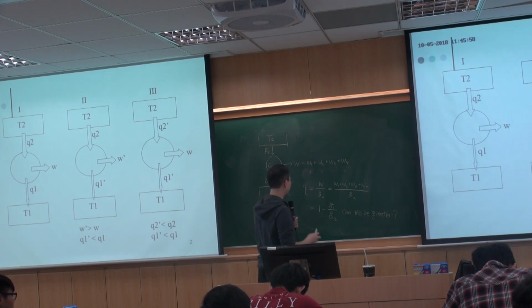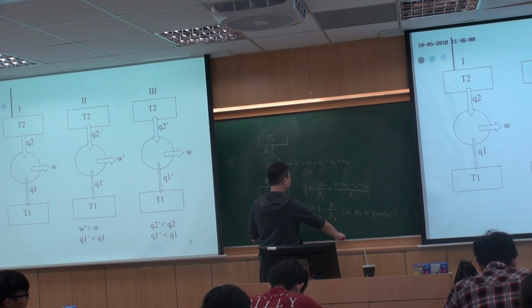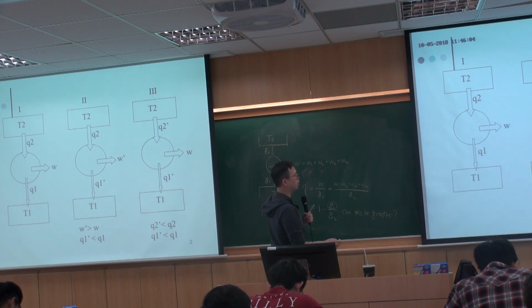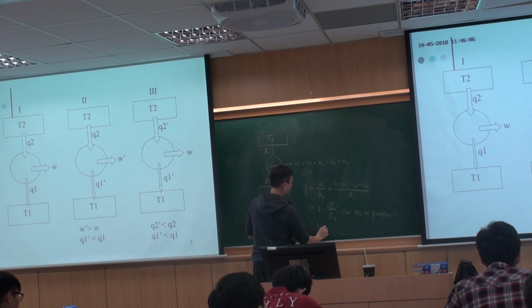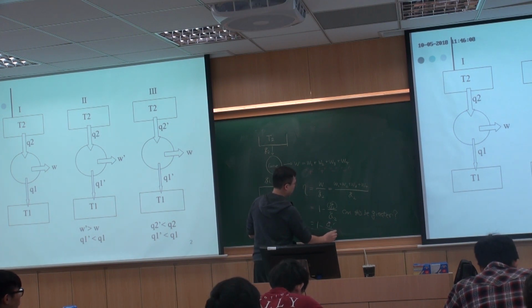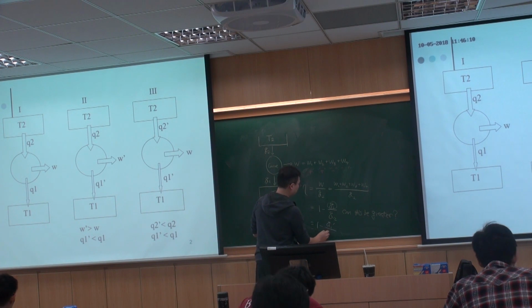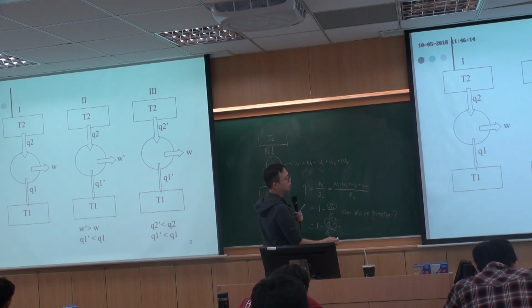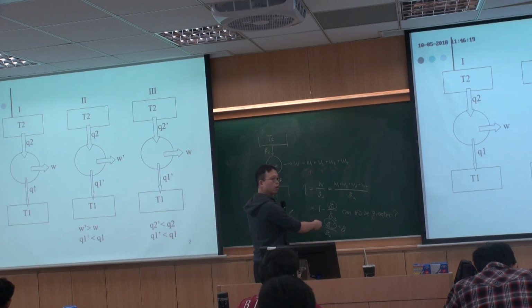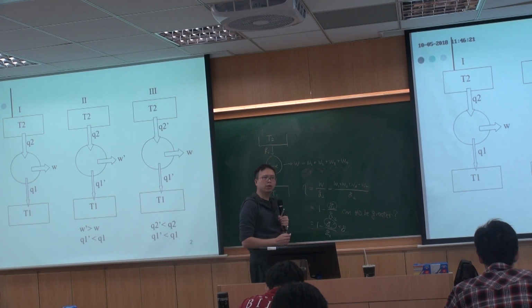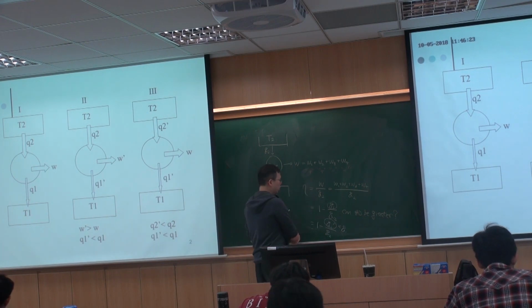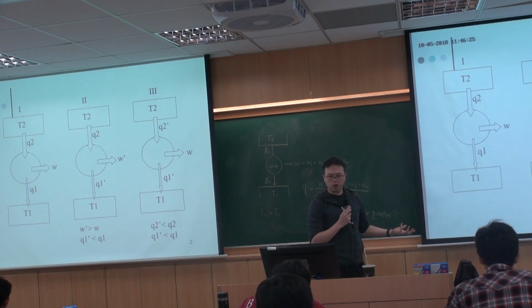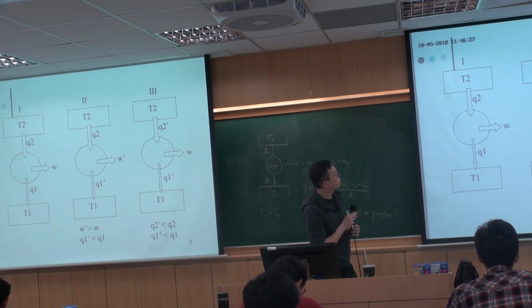So in that case, we will say this is Q1 and Q2. And since this Q1 prime is less than Q1, this number is greater than this, right? So imagine that you have that kind of engine.